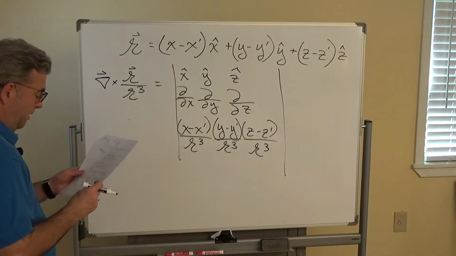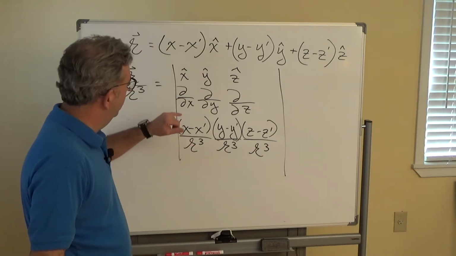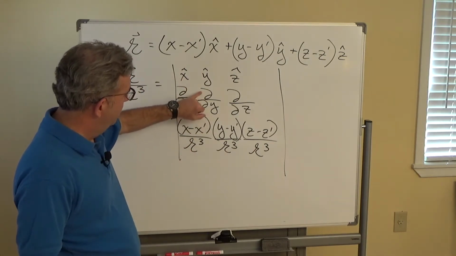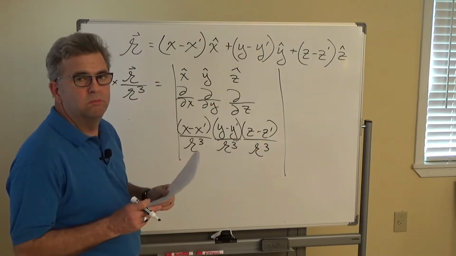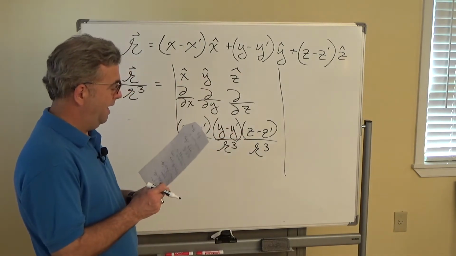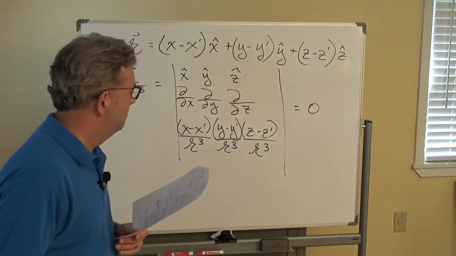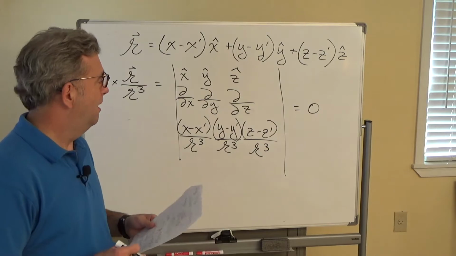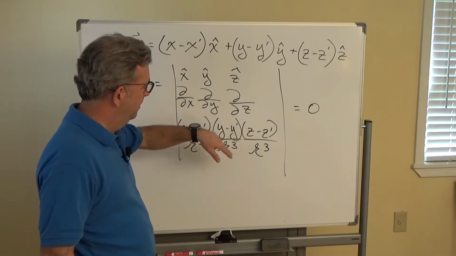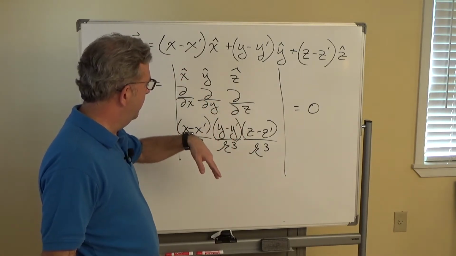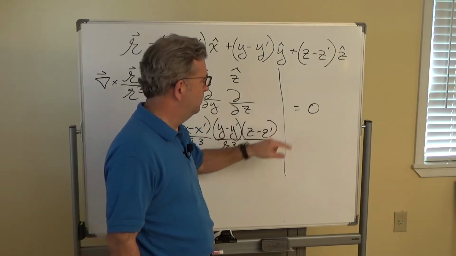If you do the calculation, you go on down the line like this, and this whole thing is equal to 0. I'm not going to do the calculation; I'll leave that up to you. But this is the way you can calculate that cross product by finding the determinant, and you'll find that it is equal to 0.